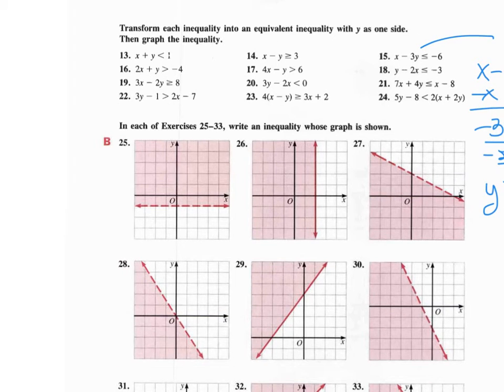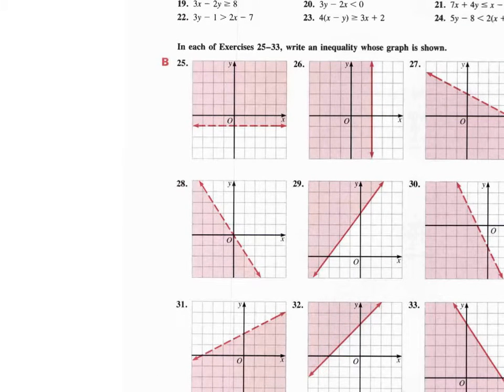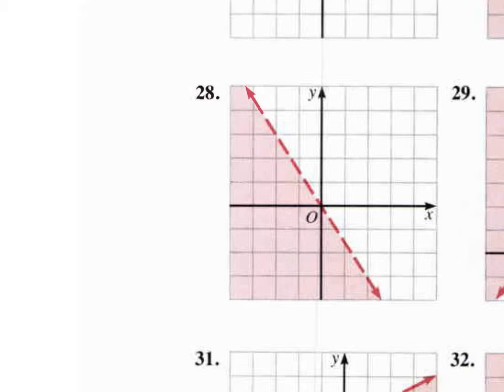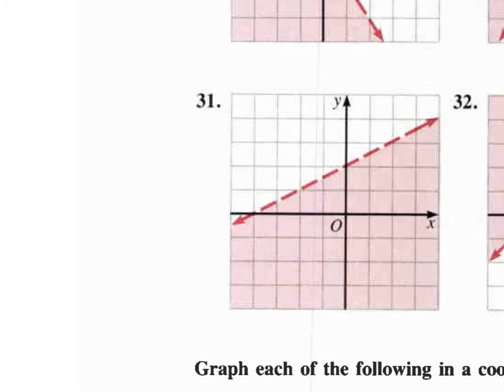Over here, where it's asking you to come up with the inequality, again, what I recommend you do is this. When you get down to this part of it, for example, let me do a different one where there's a different y-intercept. Let me do 31.